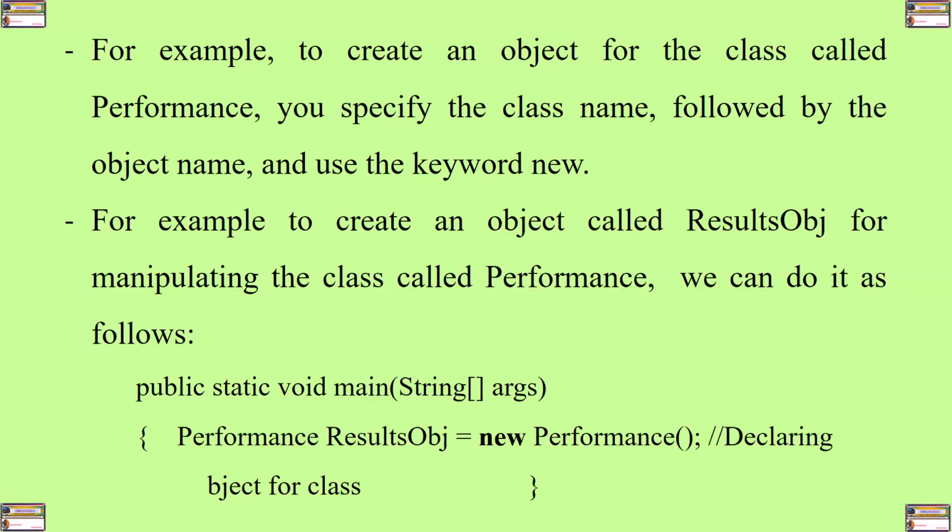So performance resultsObject equals new performance. This statement is declaring an object for the class called performance.